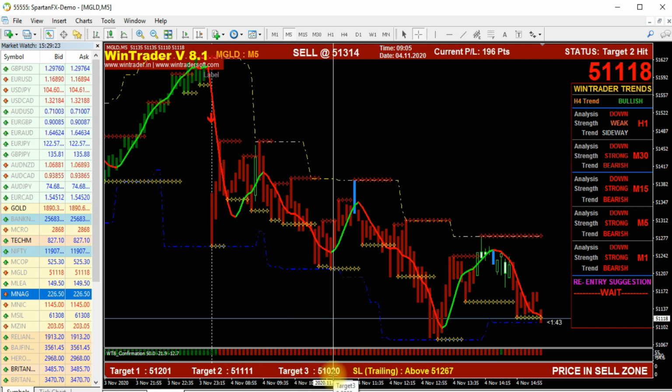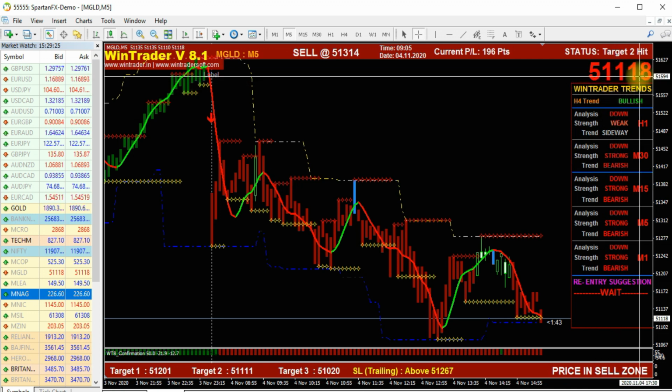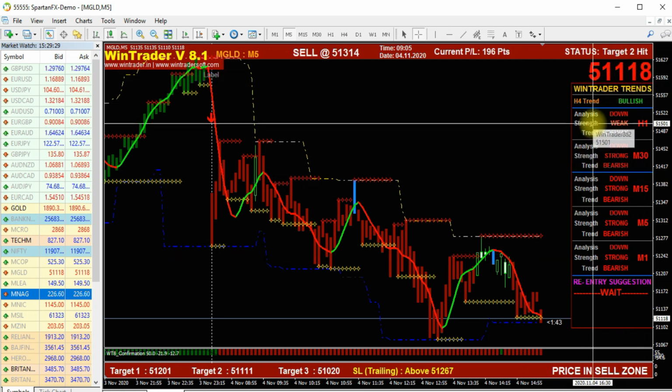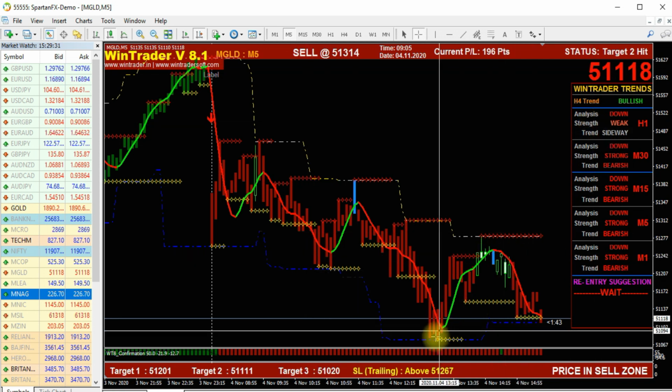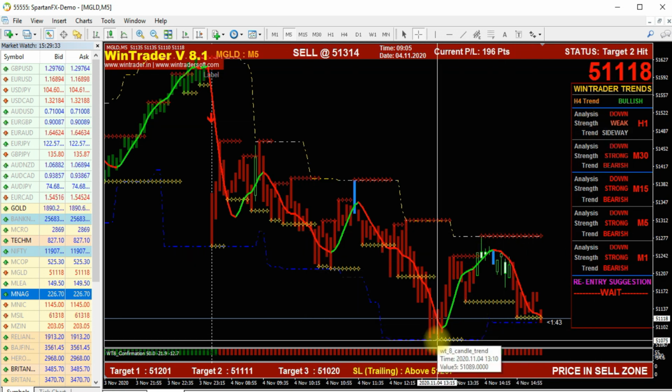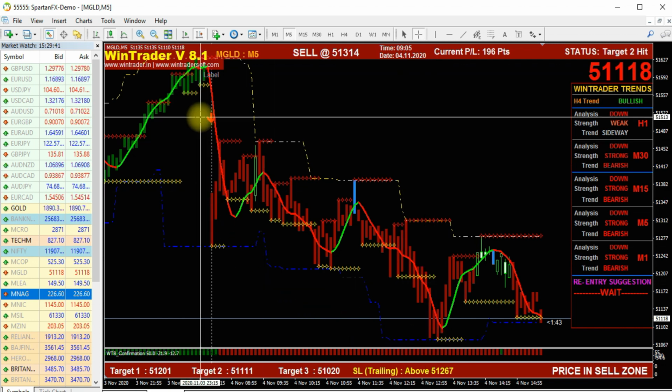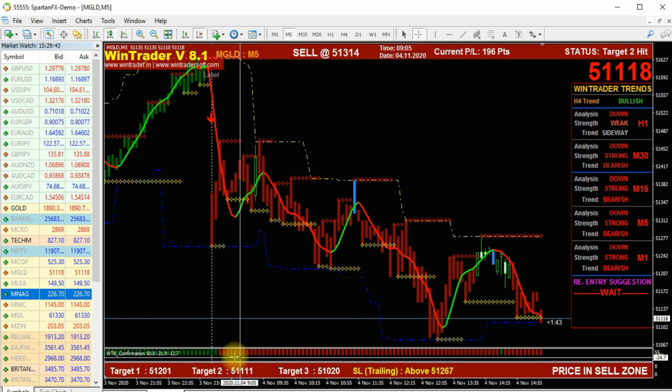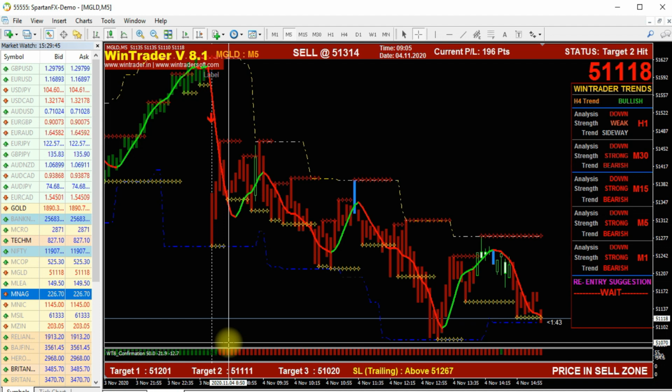So far it's not achieved; right now the market is at 51118. The second target is already achieved, as the market went down up to 51075, or this level. If you want to enter a signal, the same thing applies: after the signal you need to check the confirmation, then you can enter the trade.